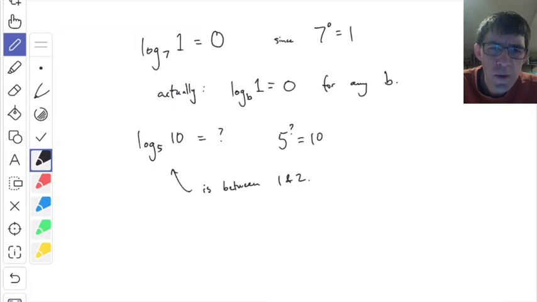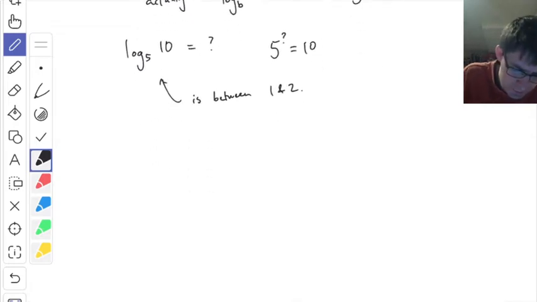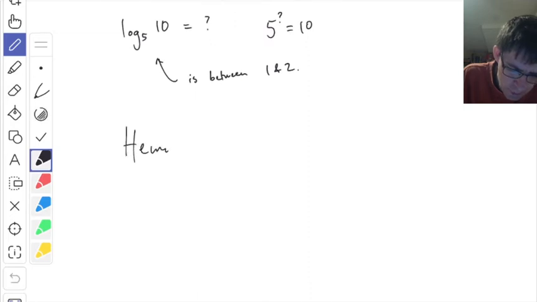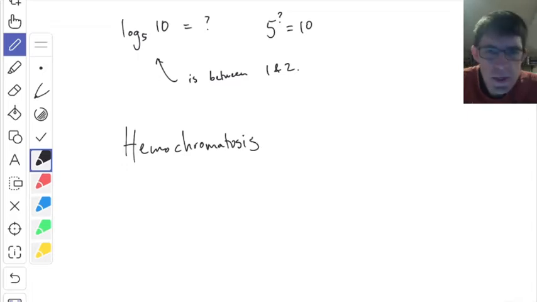I found out that I have a genetic disorder called hemochromatosis. Do any of you guys have hemochromatosis also? No. All right, it's good. It's not a good thing to have, although it's really not a big deal.